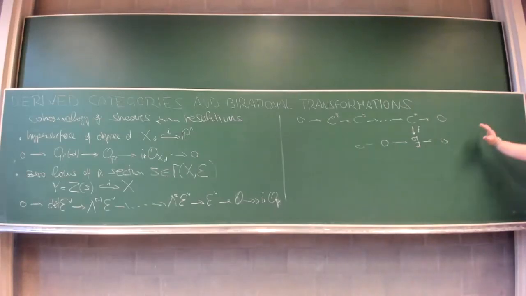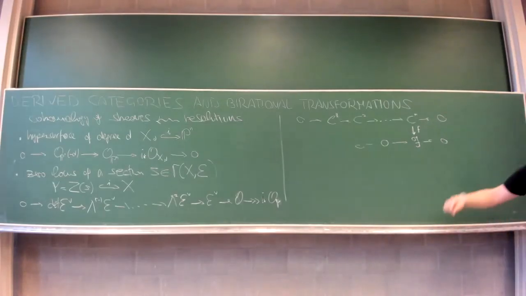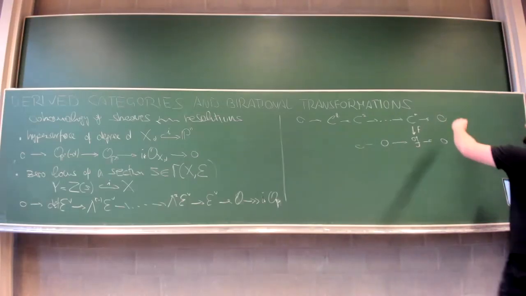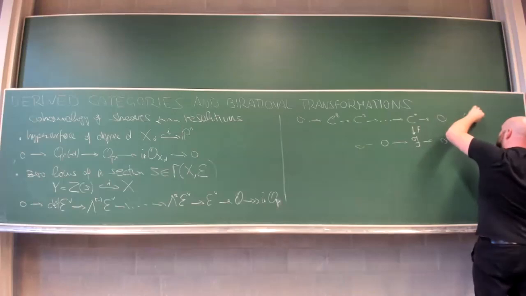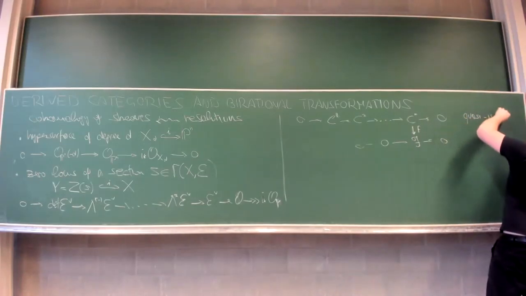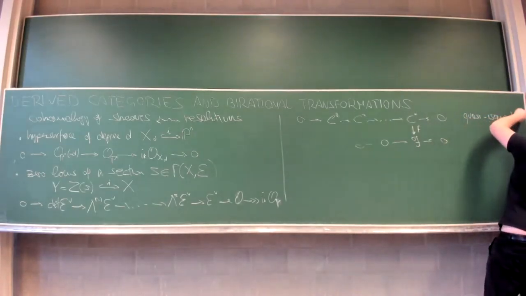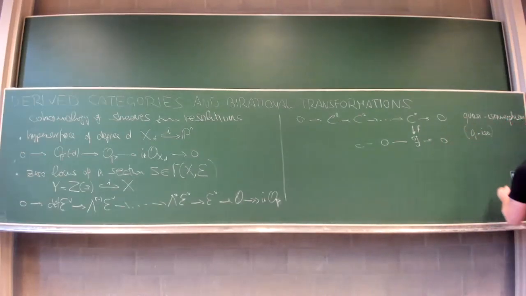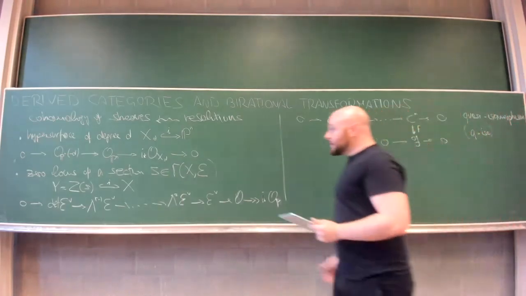This map induces an isomorphism at the level of homology, and this is called a quasi-isomorphism, quasi-iso usually.